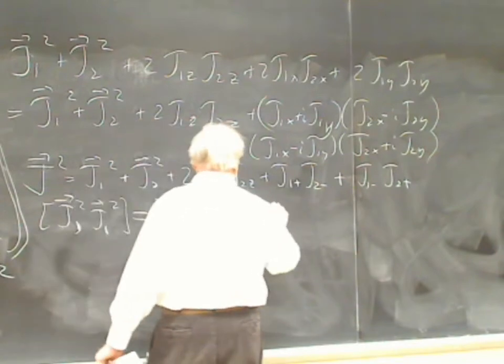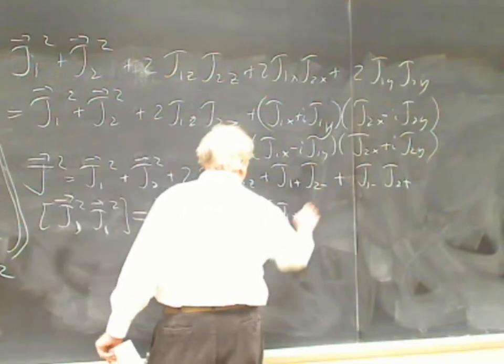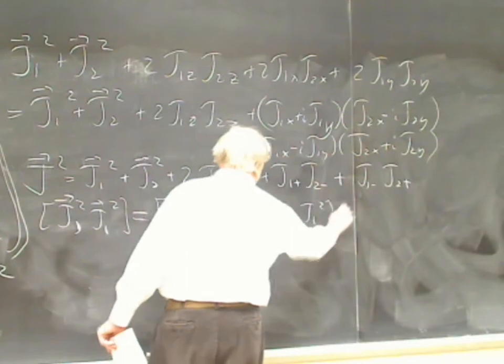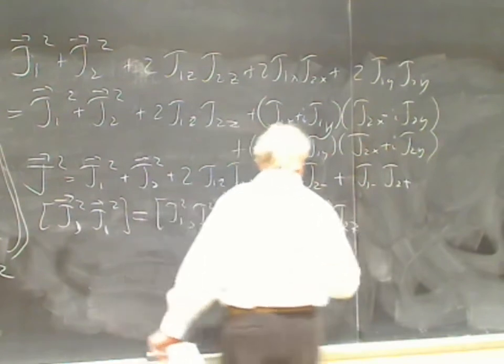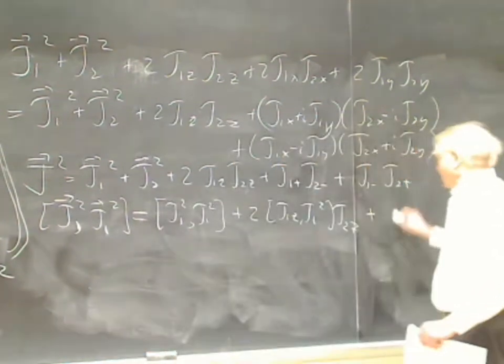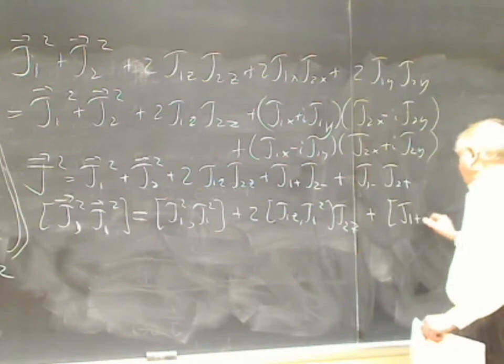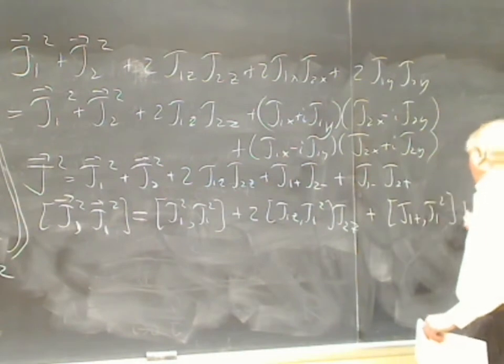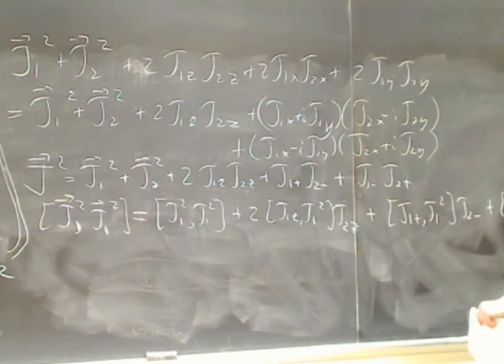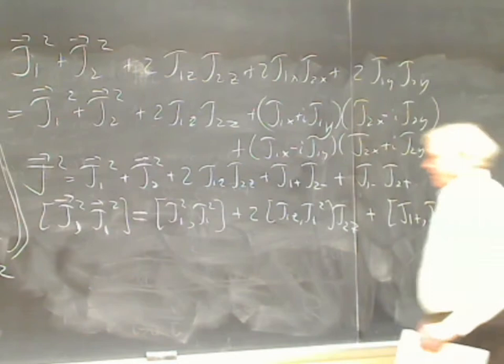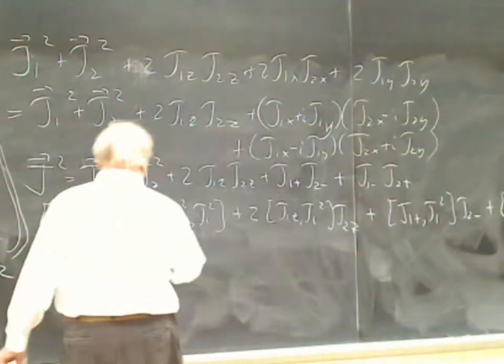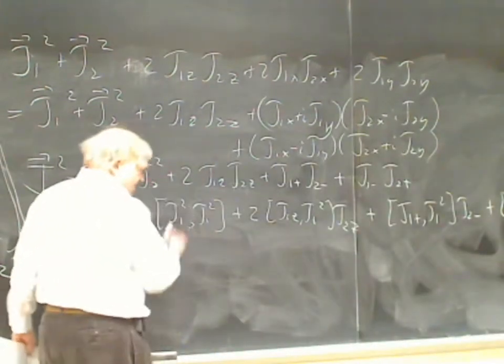But then we have 2 J1Z with J1 squared times J2Z, plus J1 plus commutated with J1 squared times J2 minus, plus J1 minus commutated with J1 squared times J2 plus. All of these are 0. This is 0 because it's a thing with itself.